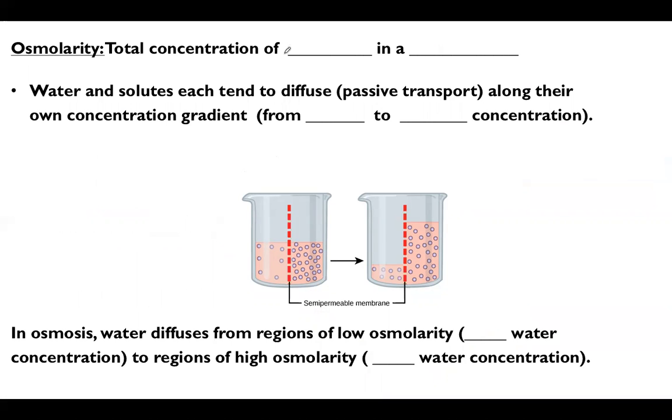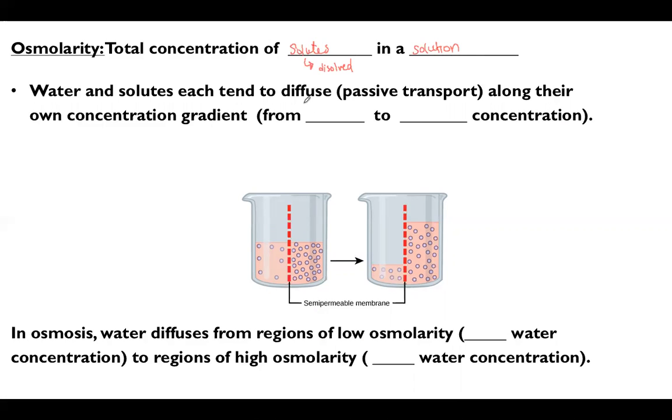Osmolarity is the total concentration of solutes. So those are the molecules that are dissolved, or the substances that are dissolved in a solution. Water and solutes each tend to diffuse passively.